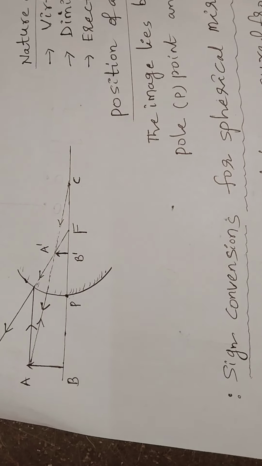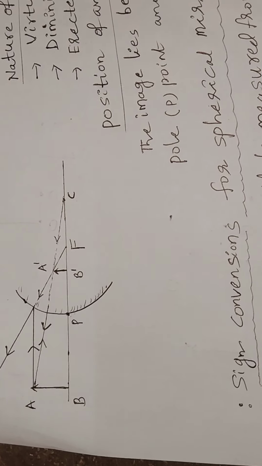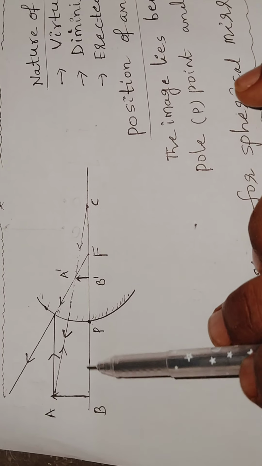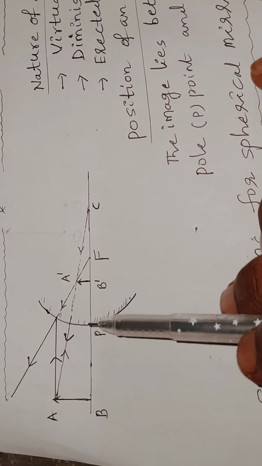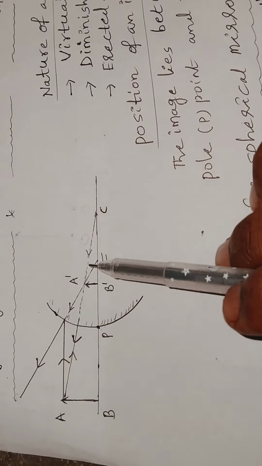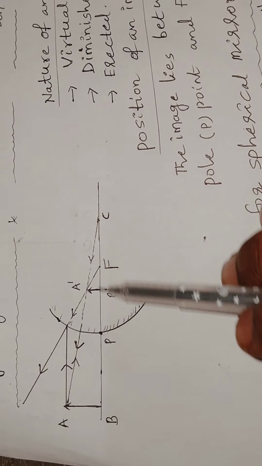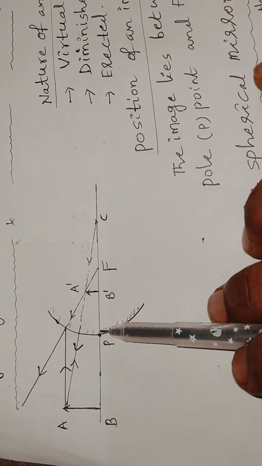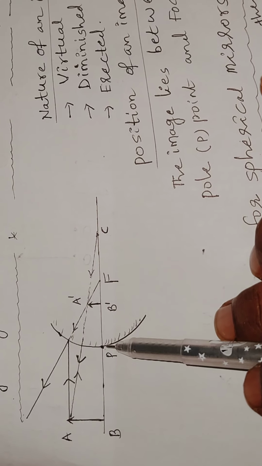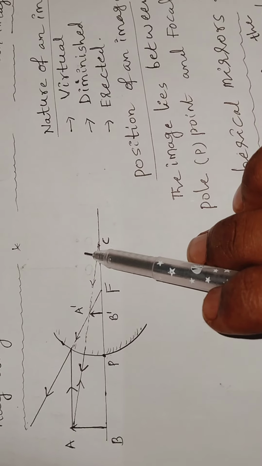Here, in case of a convex mirror, the image distance, focal length, and radius of curvature, all these except object distance, the remaining distances are measured along the direction of incident ray.